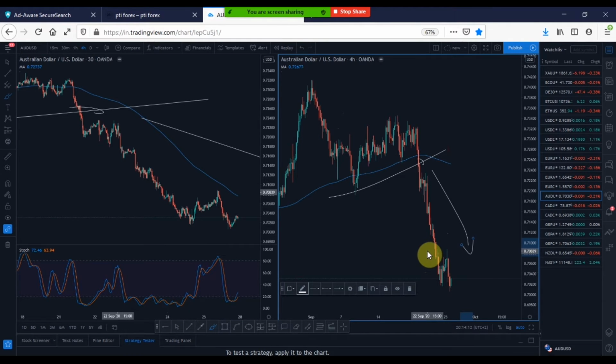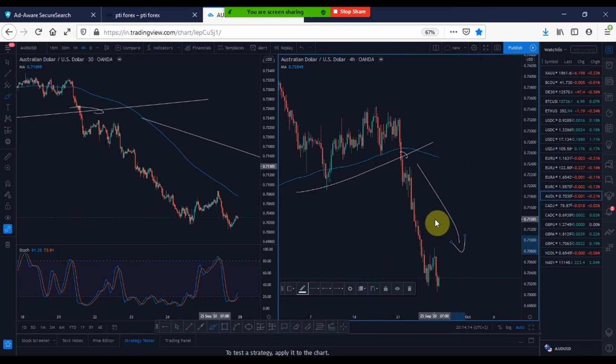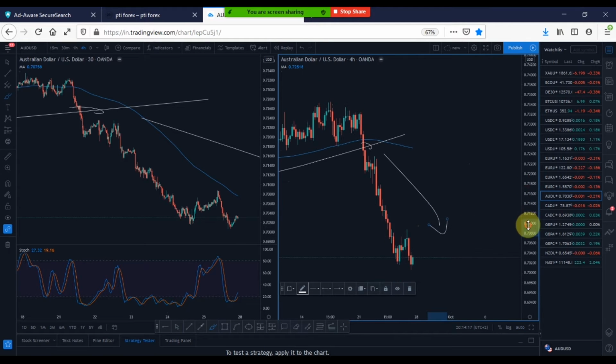So it's simple. Here in this scenario, we can see that the market has just finished correcting with this move here, and it's like it has begun an impulsive again.